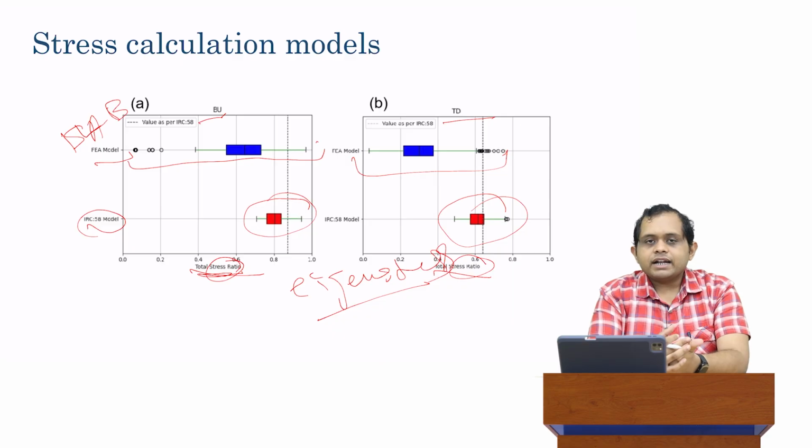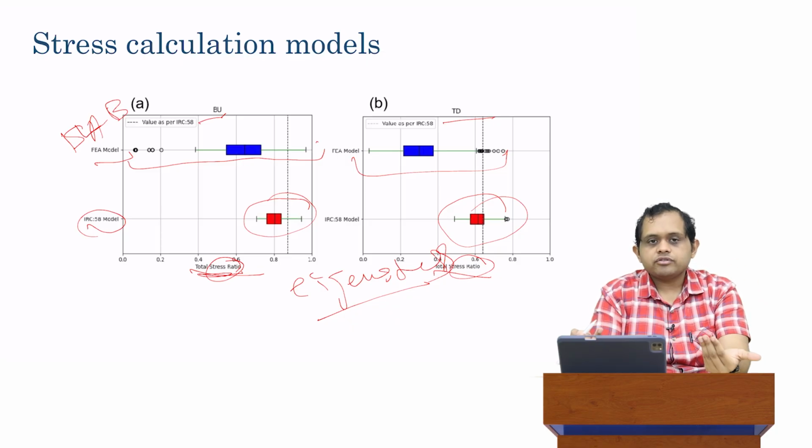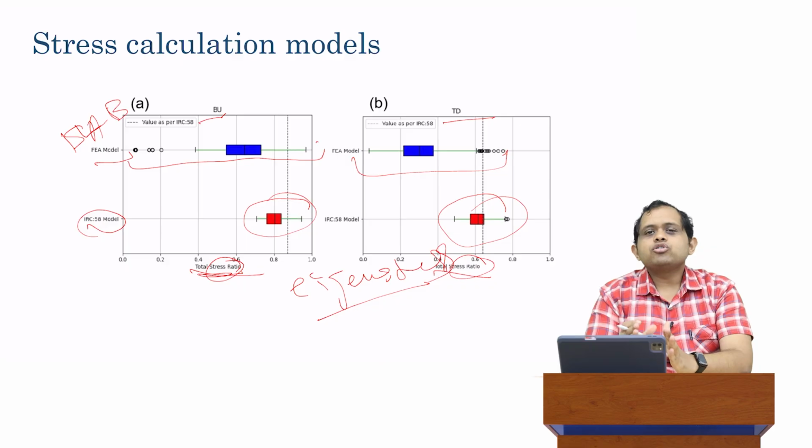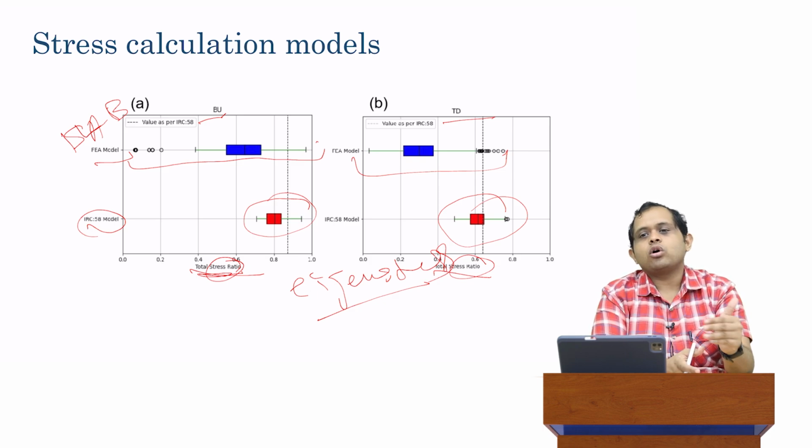But what we see is, at the end of the day, these stresses as predicted by IRC 58 tend to be on the higher side. There's somewhat of an over prediction, or a conservative design, which goes with the general thing we've been talking about so far, that IRC 58 is a very, very conservative code. The stresses which are ultimately predicted tend to be quite high, and all the other inputs also tend to be relatively high.